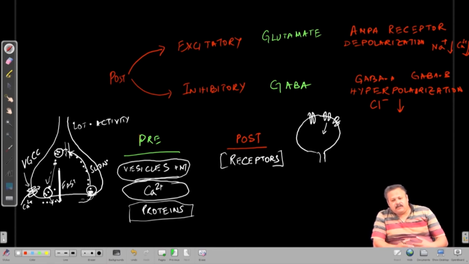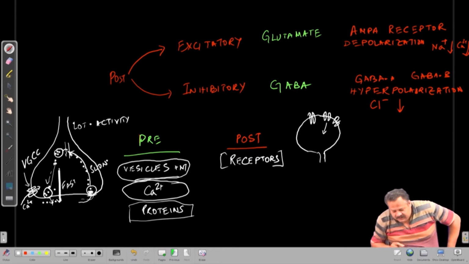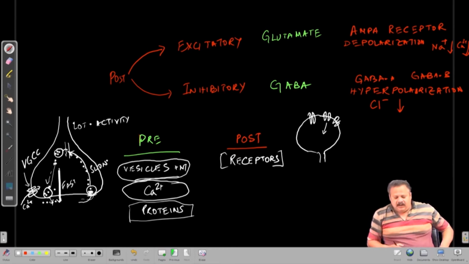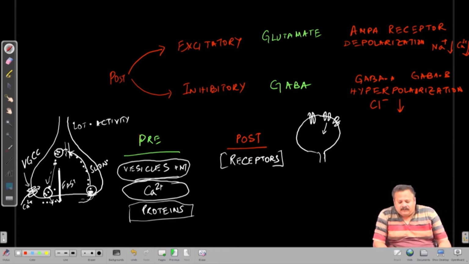Or if the number of receptors is increased, then there is going to be an increase in current, because you have more receptors involved to allow the current injection to happen. And so, these receptors can themselves be a form of modifying the synaptic strength.